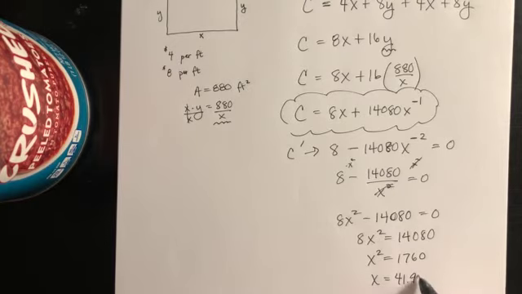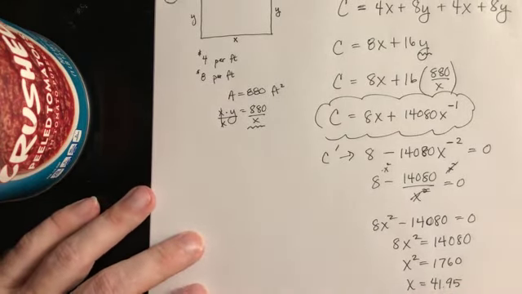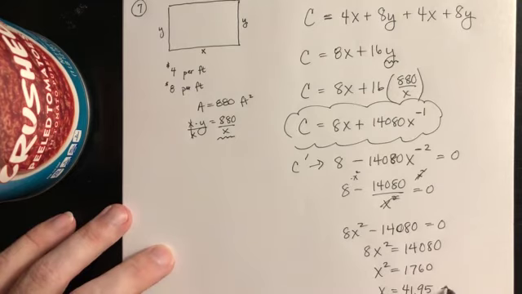I don't know what they want. Let's go to the question and see. Number 7, they say find the dimensions of the field that would be the cheapest to enclose. So if we're going to round this to the feet, because usually fencing is in terms of feet, this is going to be 42 feet. Right, there's one of the dimensions.